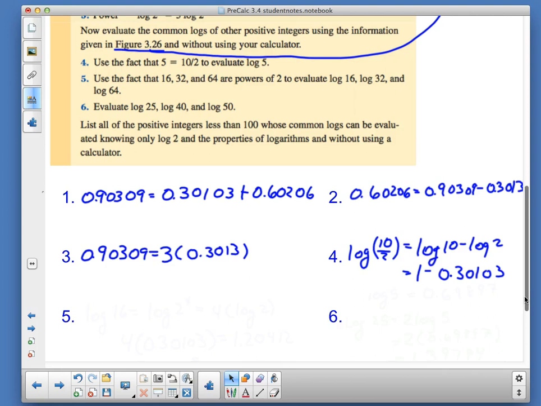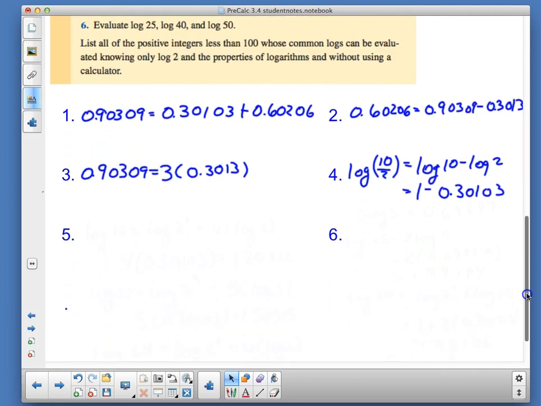I'm pretty confident to say that the log of 16, which is 2 to the 4th power, is going to be 4 times 0.30103, because that's the log of 2, and I'm just multiplying it by 4. And the log of 32 is 5 times 0.30103. Okay, it should work through that, being consistent with what I already know about base 2.